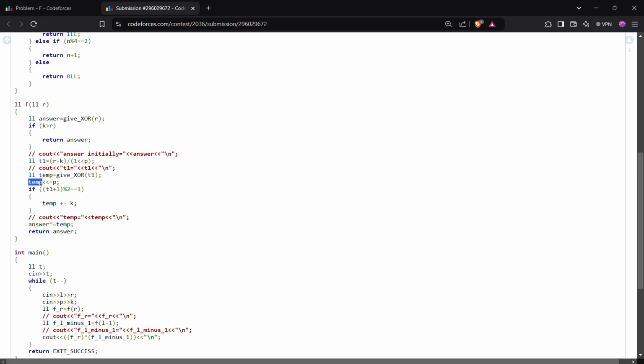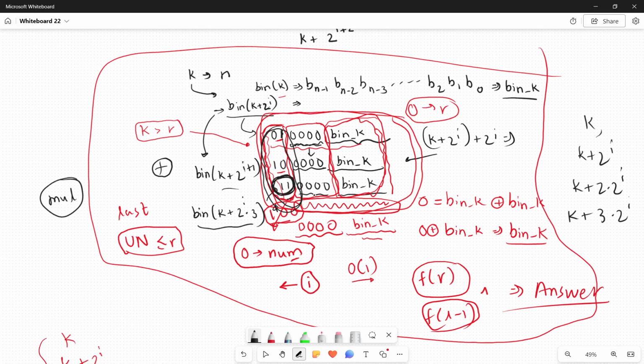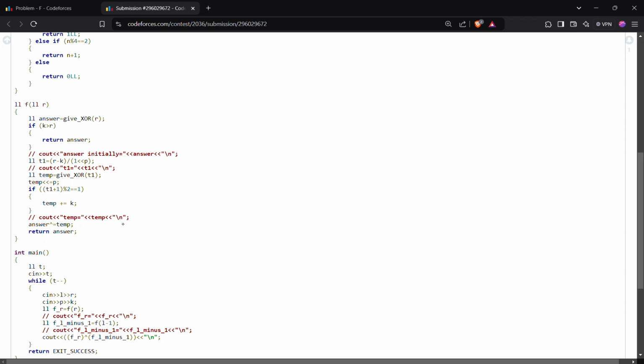Then left shifting it by p, because we have to take into account this size, some zeros and some binary of k, the length of binary of k. So that's why. And what next? If t1 plus 1 modulo 2 is 1, then temp plus equals k. This is the thing that I mentioned.